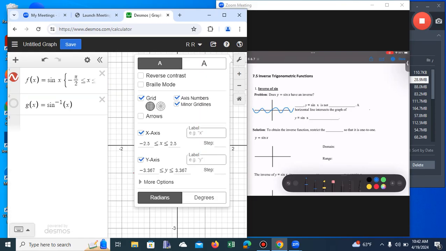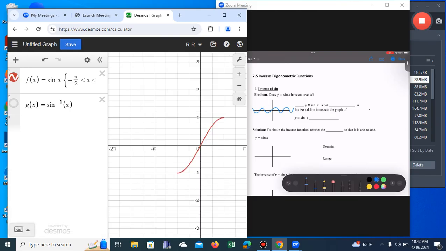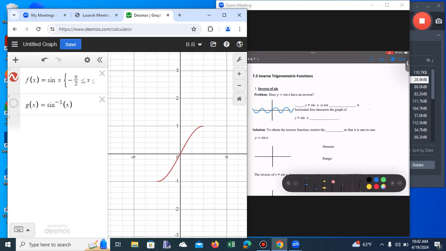I also want to change this to 2 pi, and the step will be pi over 4, just so we get pi's on here and we can see. Right, so this is going from negative pi over 2 to pi over 2. We see the range goes from negative 1 to 1, which is the range of sine. So we have everything involved in sine.